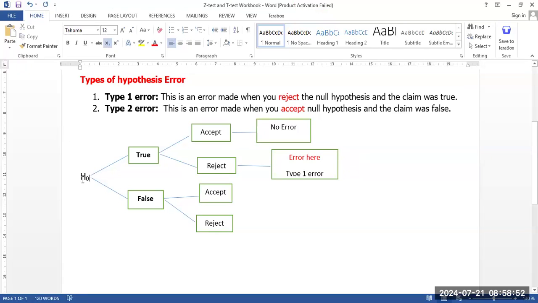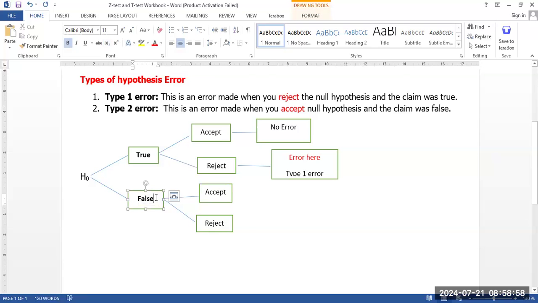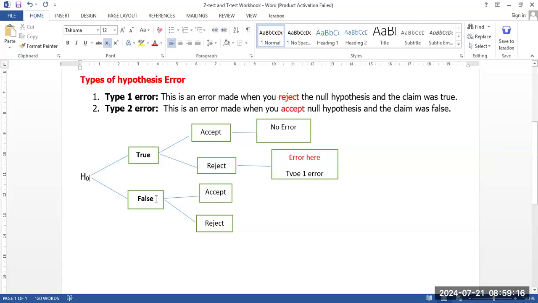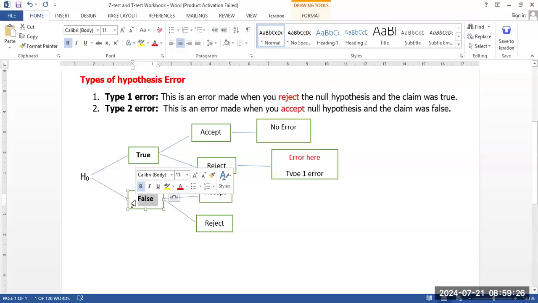Then you go to the next. Here, the null hypothesis was false. What you stated was false. Okay? But you ended up by accepting. Do you have error here? Or there is no error? There is an error. Remember, don't rush, try to understand. If your null hypothesis was false, remember you are the researcher.